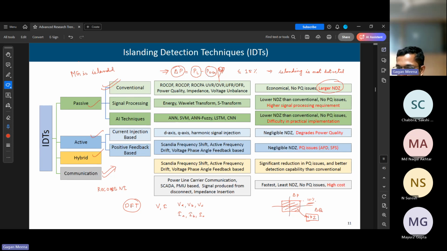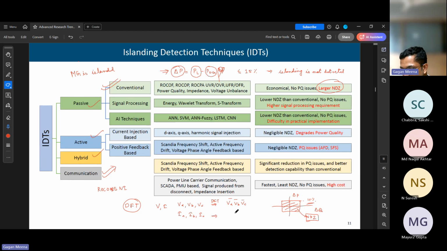So yes, we were discussing this. Now we have all the phase voltages and current measurements, and based upon that we can do their DFT, discrete Fourier transform, and we can get these three phase voltage phasors and current phasors.